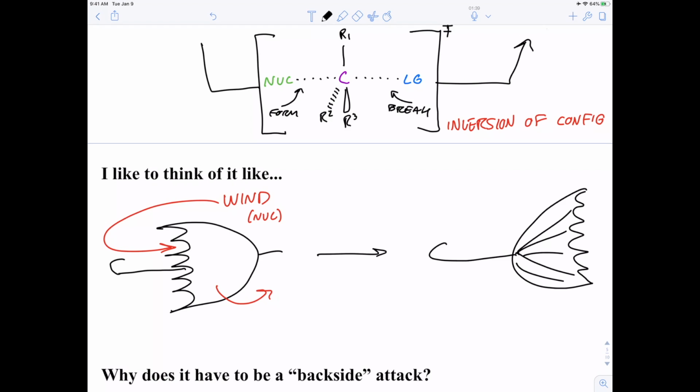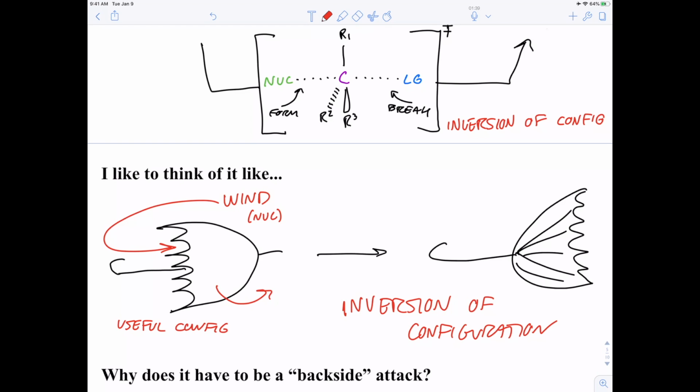This is what we mean by inversion of configuration. So we really changed the structure, if you will, of our umbrella a lot. We had one configuration over here, the useful configuration. And then we just inverted it to the non-useful, or the crappy, or maybe even garbage, whatever you want to call it, the not so good configuration.